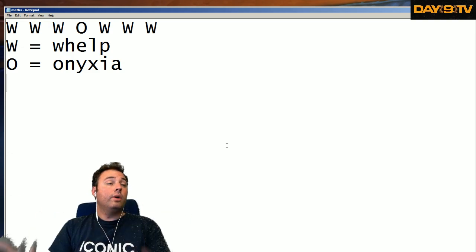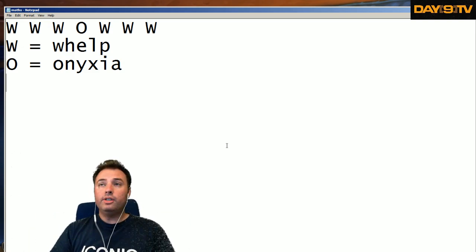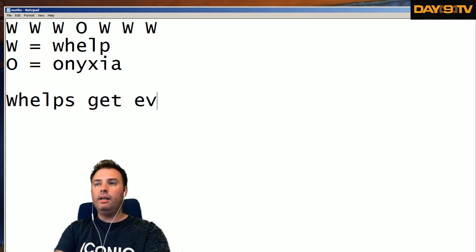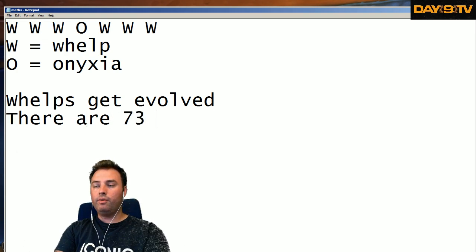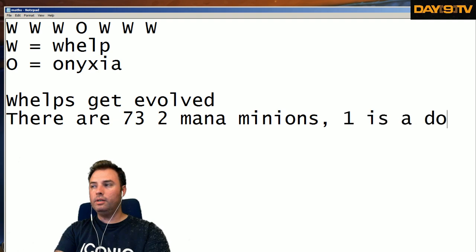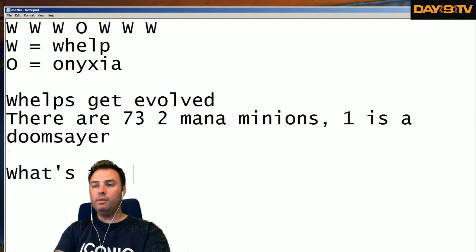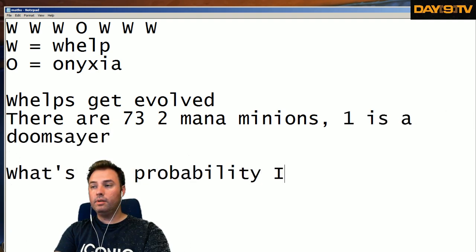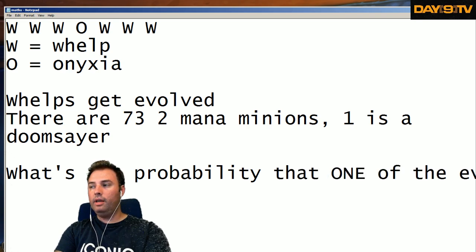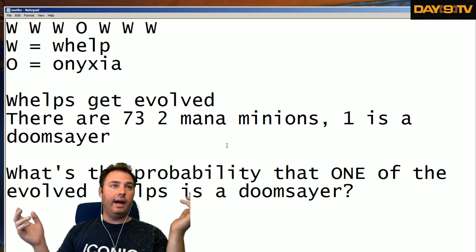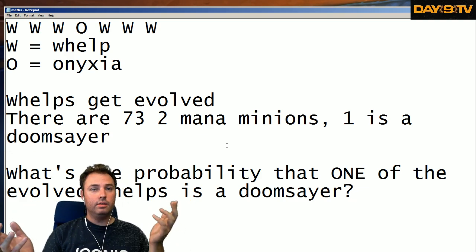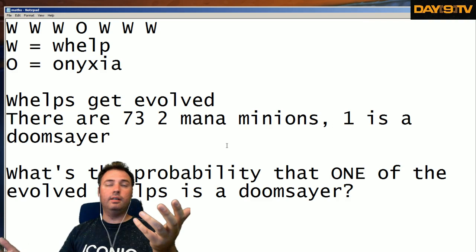This is the sort of question where there's 6 whelps, and if whelps get evolved, 72 out of 73, or there are 73 2-mana minions. One is a Doomsayer. What's the probability that one of the evolved whelps is a Doomsayer? Like this is the problem that we were asking in chat. This is the problem that we were asking in chat, right?